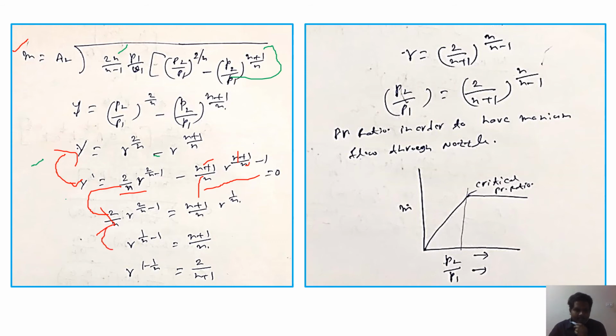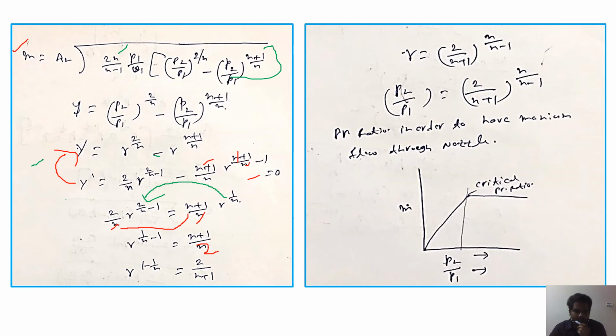Again, we can write this equation as r power 1 by n minus 1, because if you send 2 by n to this side, it would be n by 2. So here (n plus 1) by 2 is there, and n gets cancelled. If you send this term to the left side, it would be minus 1 by n.